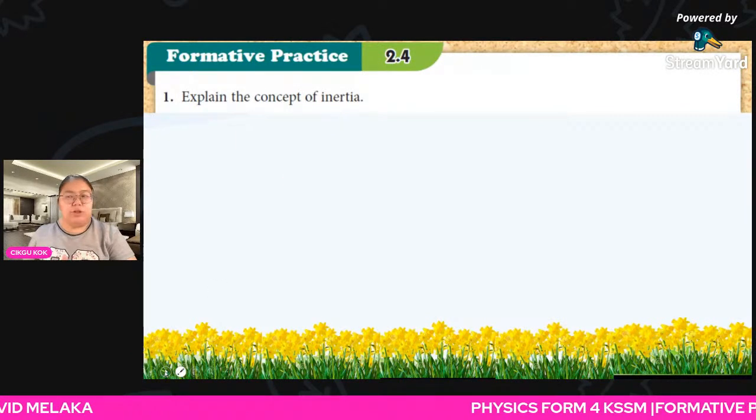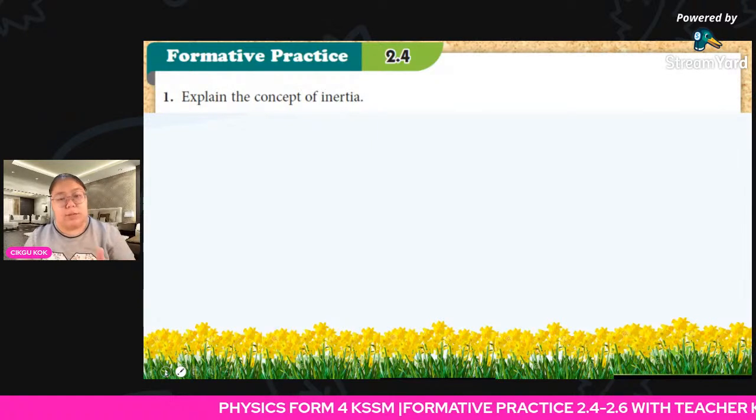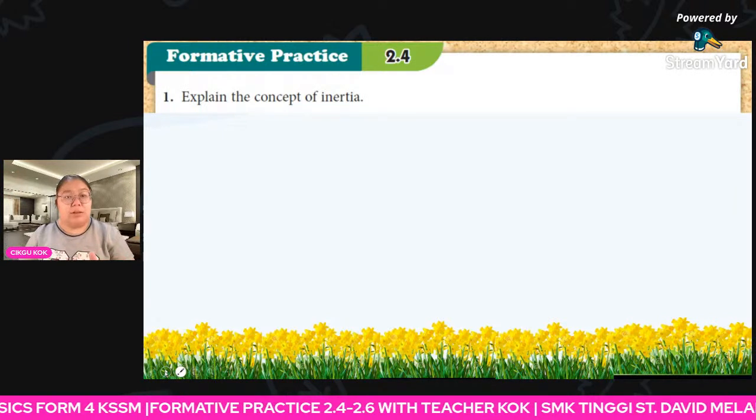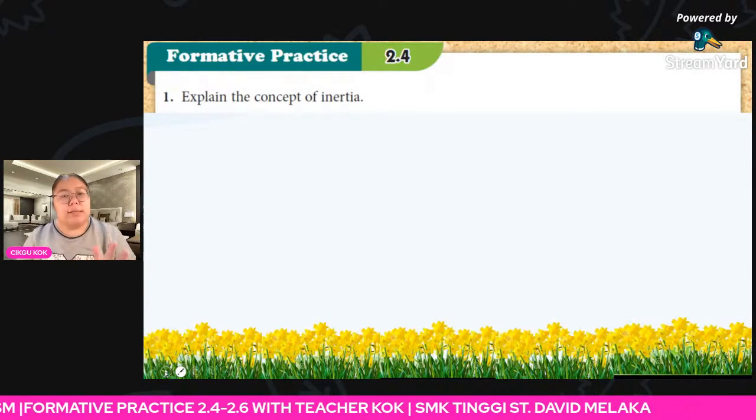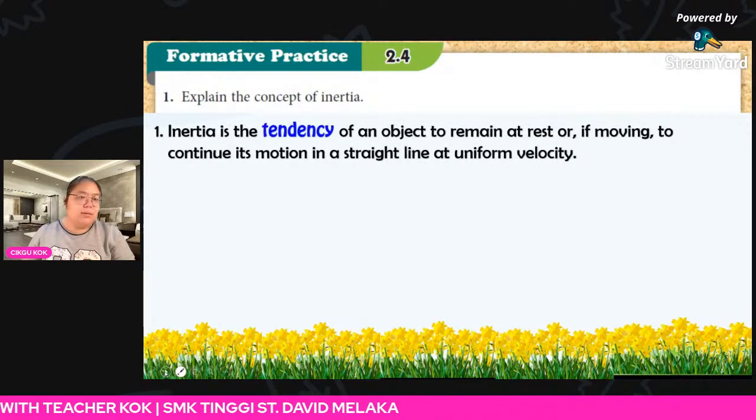So I will show the explanation for the concept of inertia. I think every student has learned this before. When you enter 2.4, your teacher starts by explaining the definition of inertia.